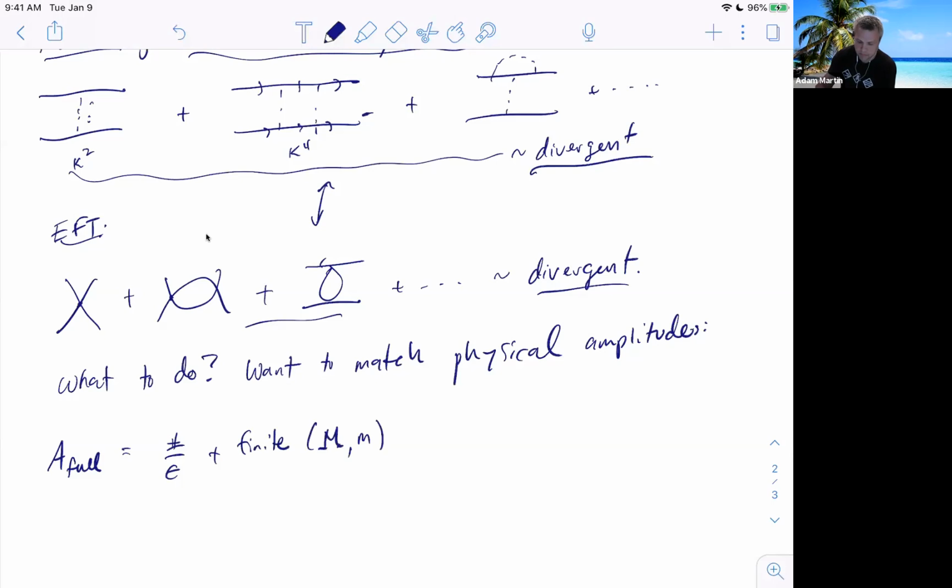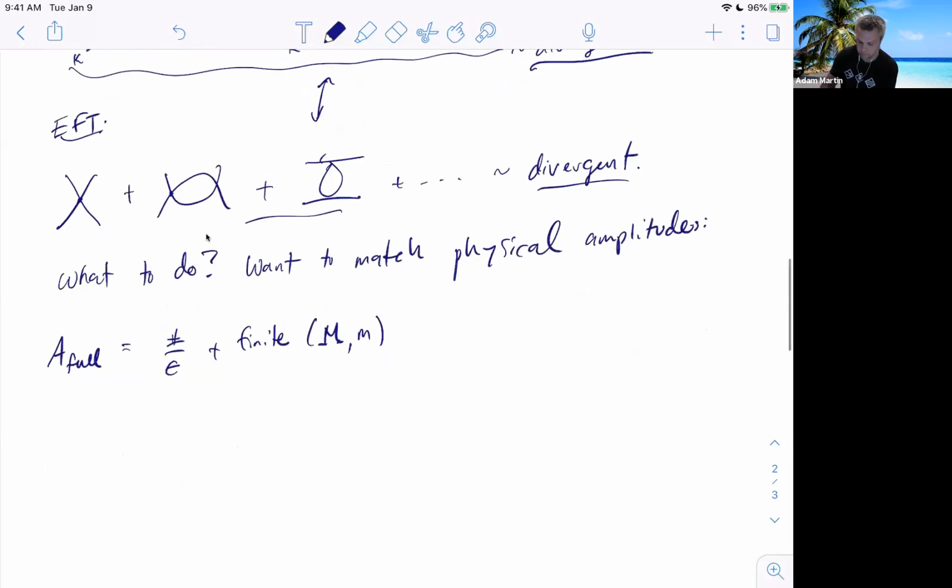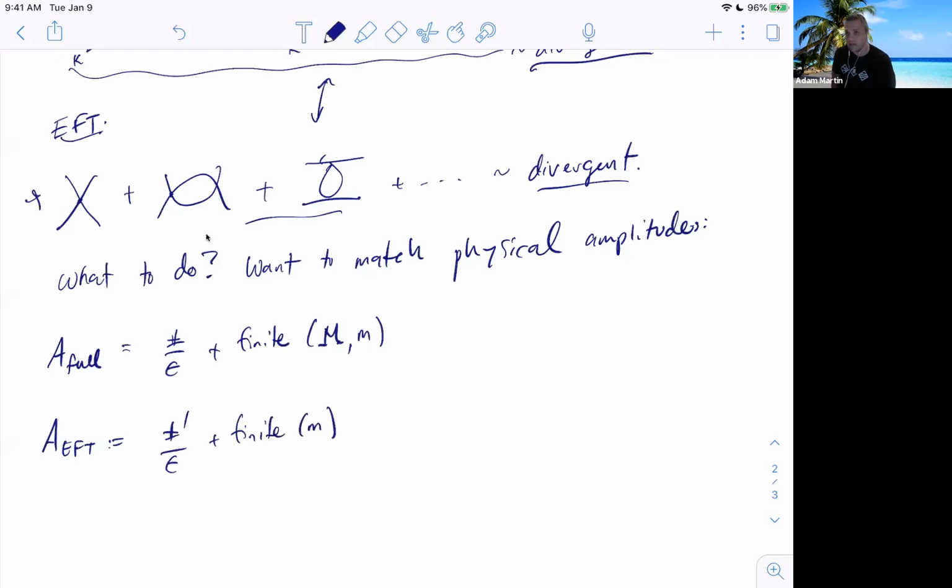If I was to repeat this and just calculate these loops in the EFT, we'd get some different number over epsilon. We're just doing all those loops in dim reg. Divergences are going to show up as 1 over epsilon. This is going to have a finite piece. And that finite piece, well, the only state around is that light fermion, so it makes sense that the finite piece can only depend on that.